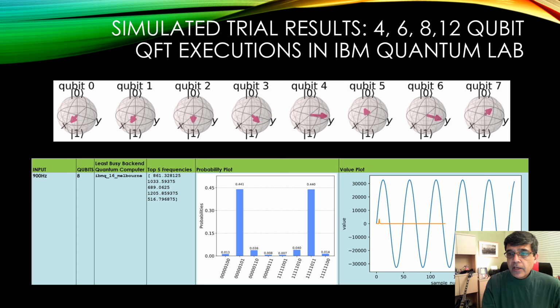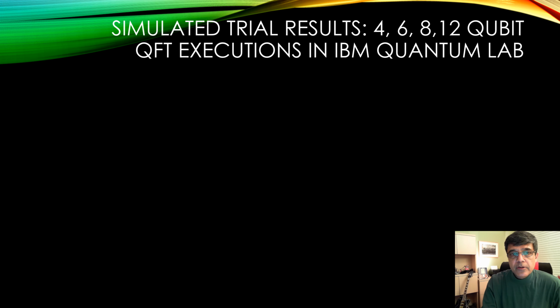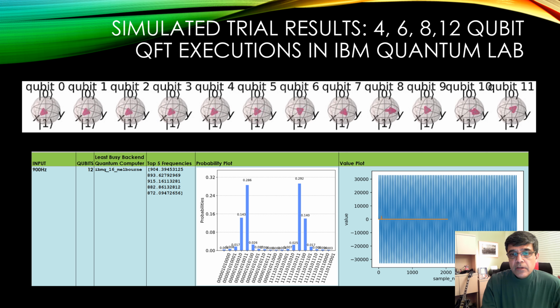We have a very good depiction of the actual sinusoidal waveform for 900 Hz, and the peak is also visible in the orange curve. The histogram plots also show peaks that are indicative of detected frequencies that were dominant. And the same for 12 qubits.